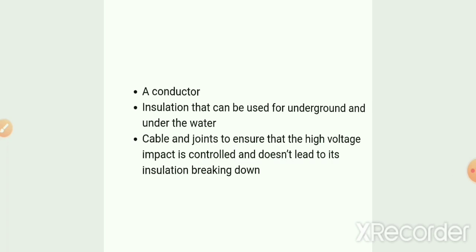So for the underground transmission line, we have to ensure that the cable is made with the highest quality.